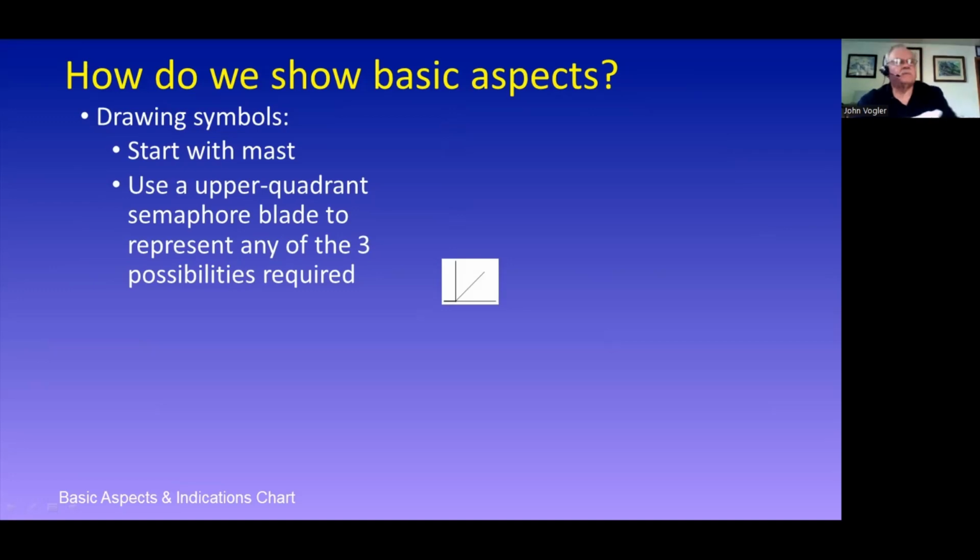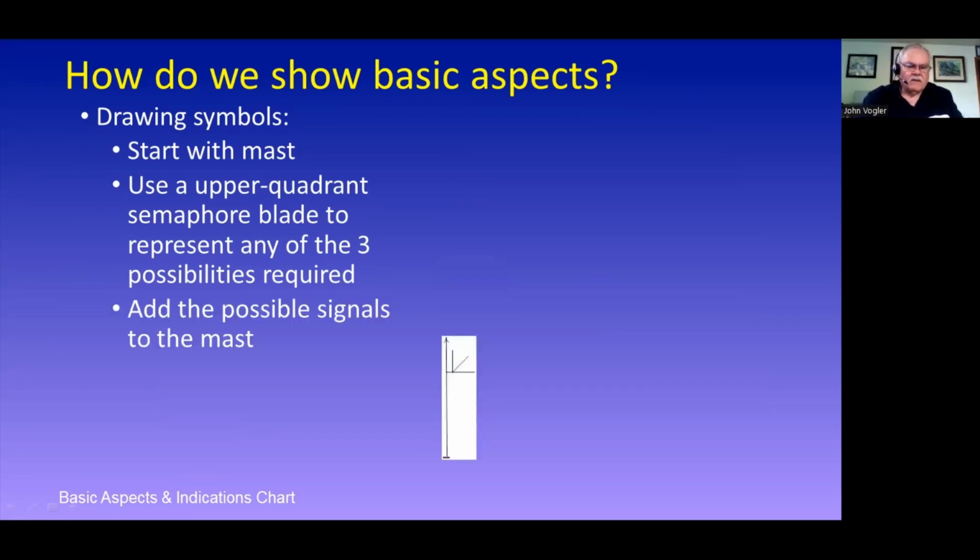They could also be position light positions, and I'll show you how we interpret them as colors as we go along. So the FRA said colors, positions, and here we go. And then we're going to just add those signal heads. I'm going to call that device there a head once we attach it to the mast.